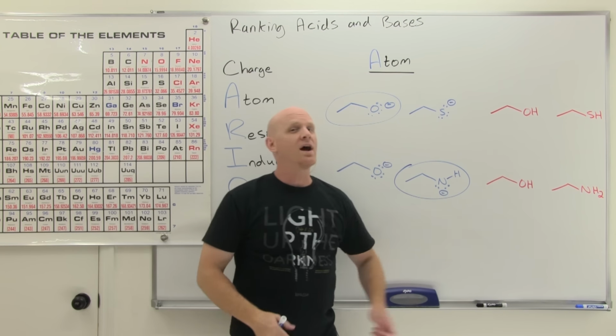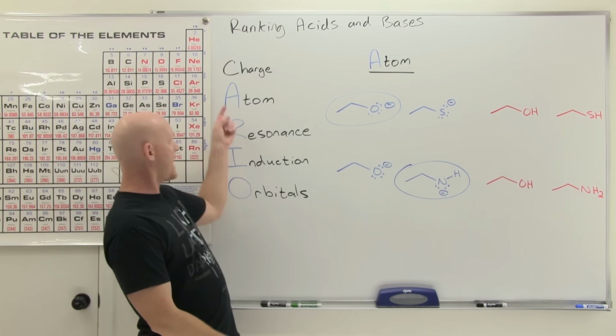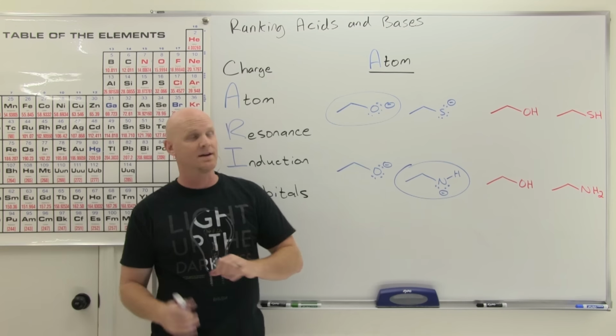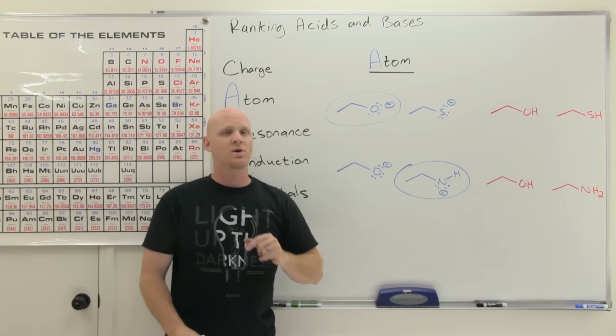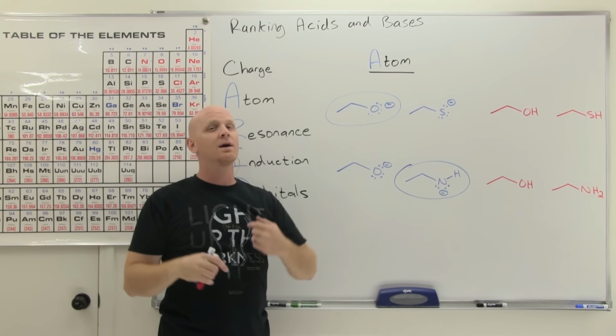Cool. Now at the same time, I also want to compare and rank some acids here. And the problem is the rules here don't help you rank acids directly. The rules here are for ranking bases. But this is where the idea that the stronger acid has the weaker conjugate base, and vice versa, comes in handy.